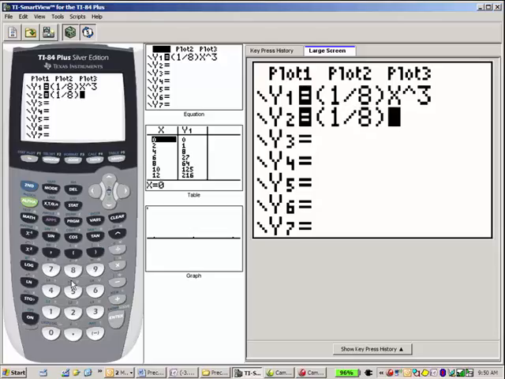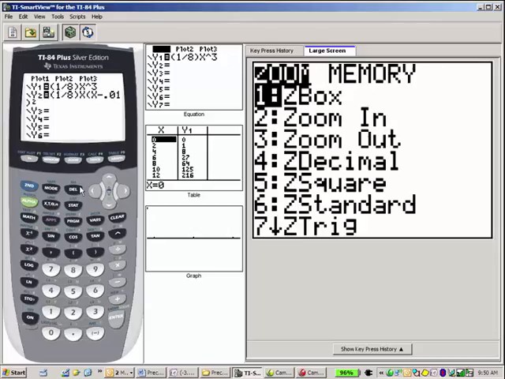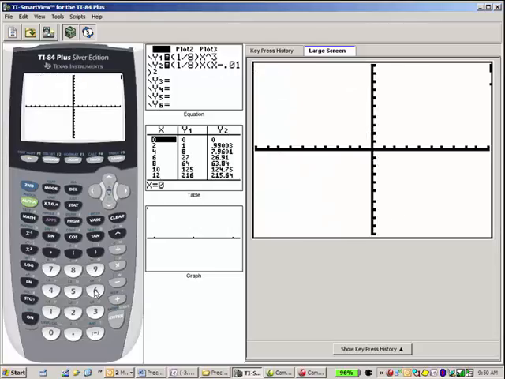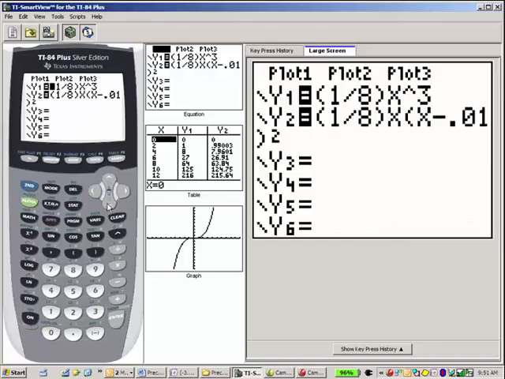1/8 x times the quantity x minus 0.01 quantity squared. We have to do a zoom standard. There's x cubed, or 1/8 x cubed. There's the other one.